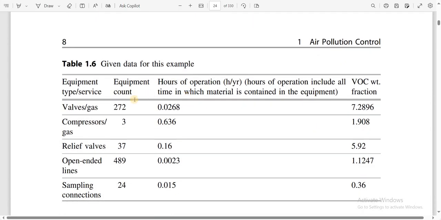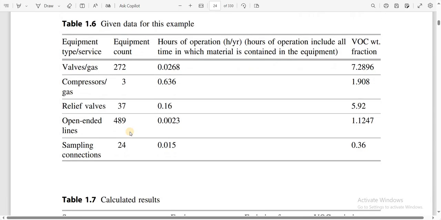So given data, so this is the data. We have equipment count for valves as 272, whereas compressors are 3, relief valves are 37, open-ended lines are 489, and sample connections are 24. So how many hours per year? It is this much hours per year, and this is the VOC weight fraction.